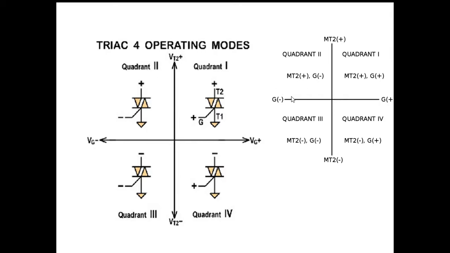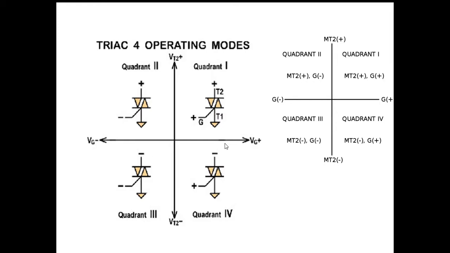Here we have three terminals: MT2, MT1, and gate. In the first triggering mode, MT2 is positive with respect to MT1, and the gate is also positive with respect to MT1. In the second mode, MT2 is positive and the gate is negative with respect to MT1.